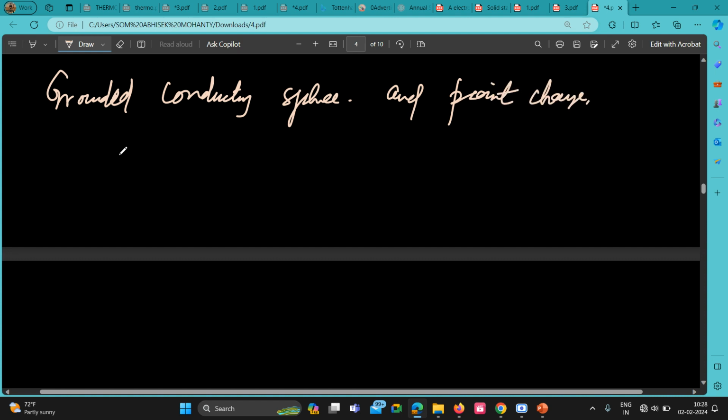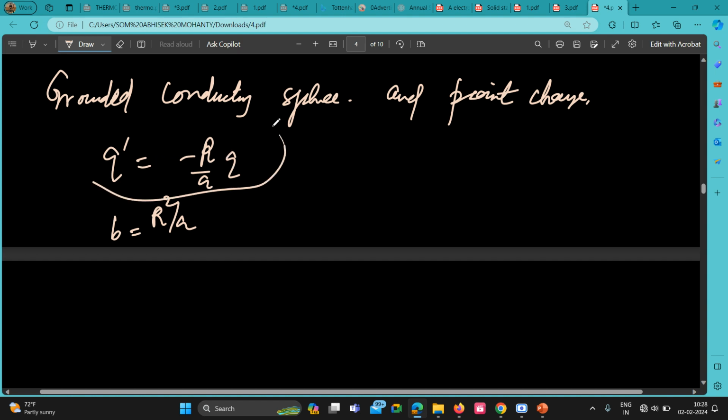Here q dash will be minus r by a times q, and b will be r square by a. You have to remember these two. This is the magnitude of the image charge, and this is the position of the image charge. Is that all right?